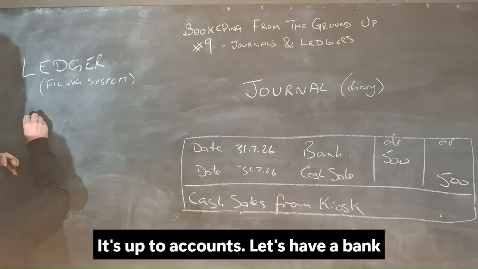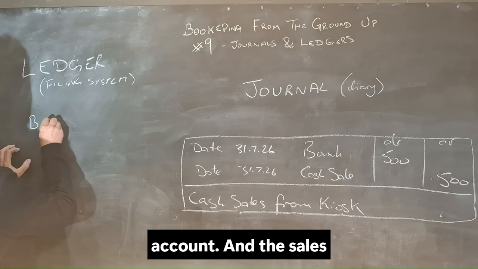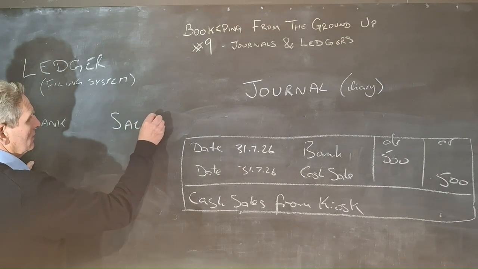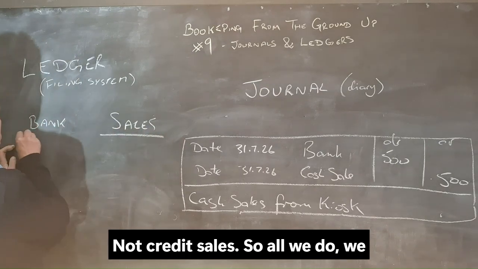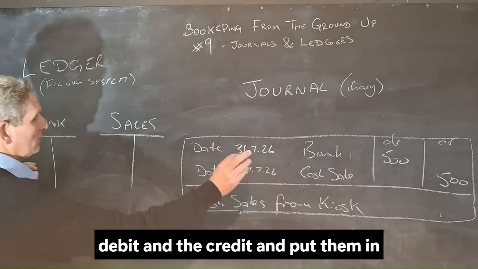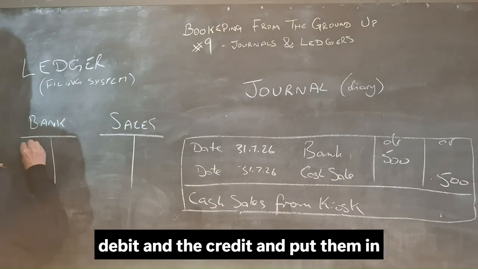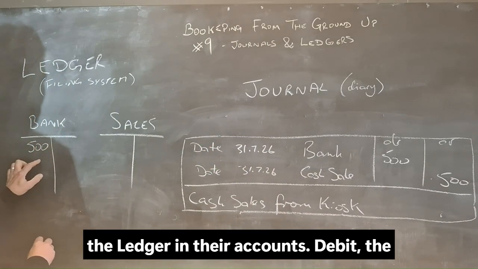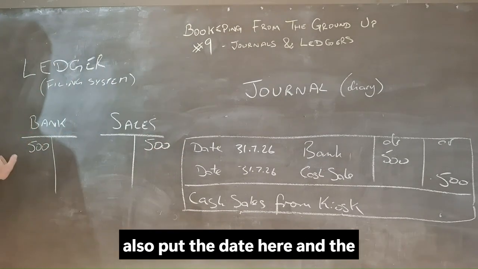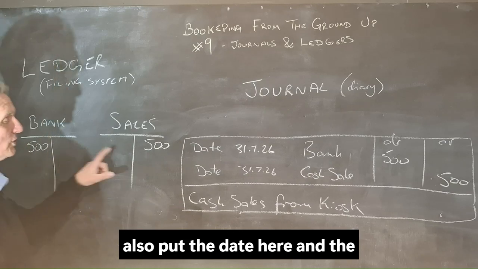Let's have 2 accounts. Let's have a bank account and a sales account. This is cash sales, not credit sales. So all we do, we take the entries from the journal, the debit and the credit, and put them in the ledger in their accounts. Debit the bank 500, credit the sales 500. We would also put the date here and the description.